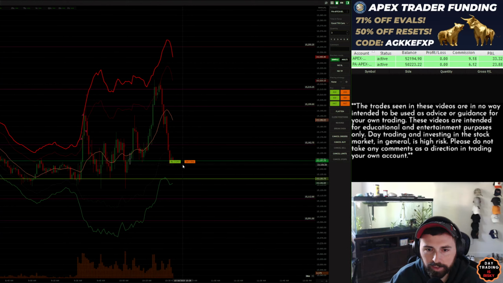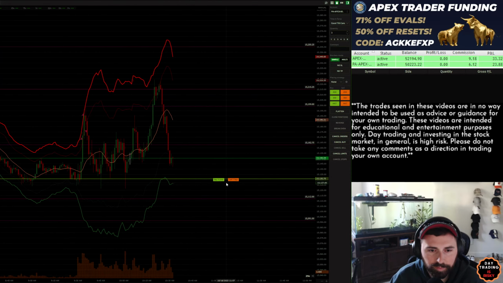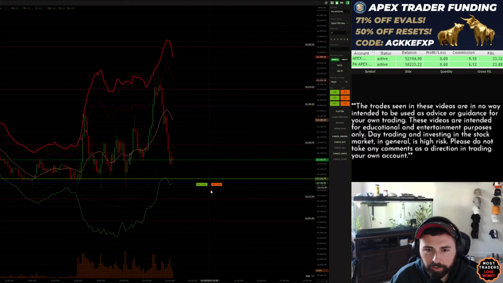It did the last little liquidity grab there. I thought about hitting the button there, but I'm trying to be selective. Just feels like that might be the bottom. Hopefully I'm wrong.